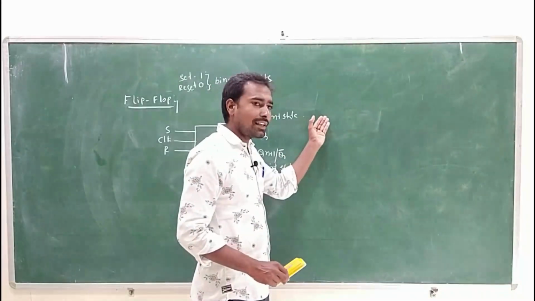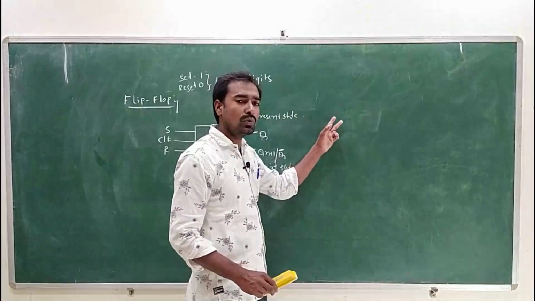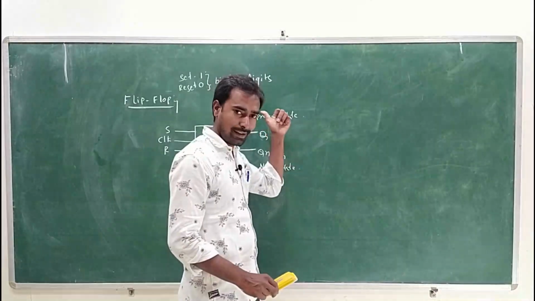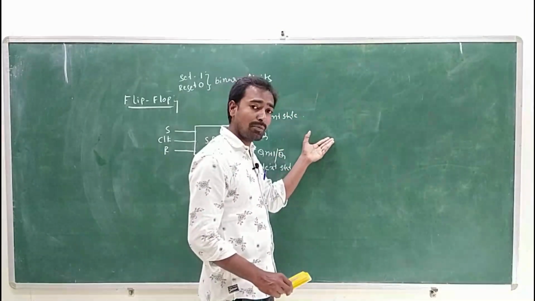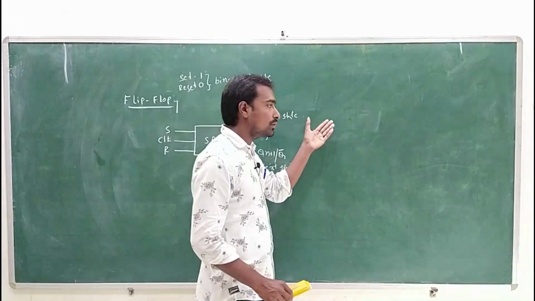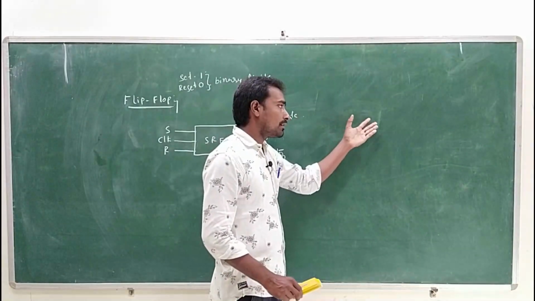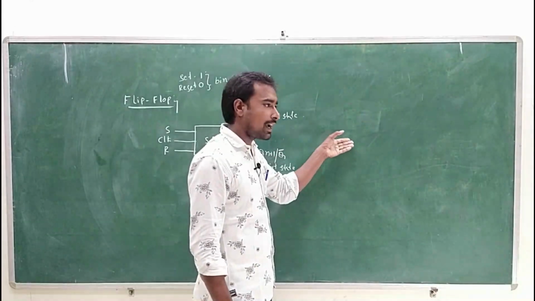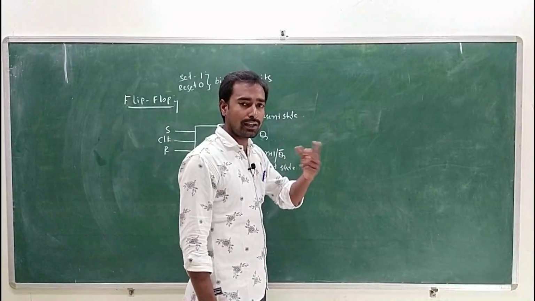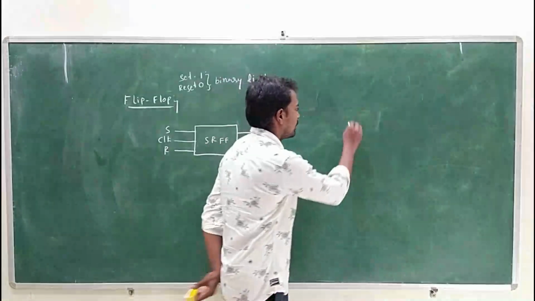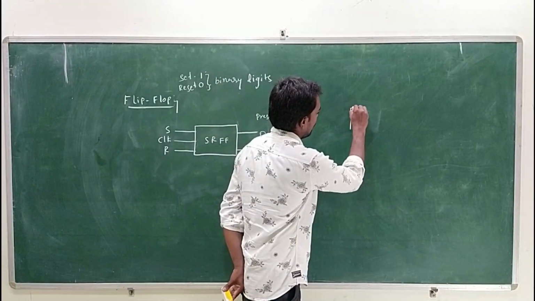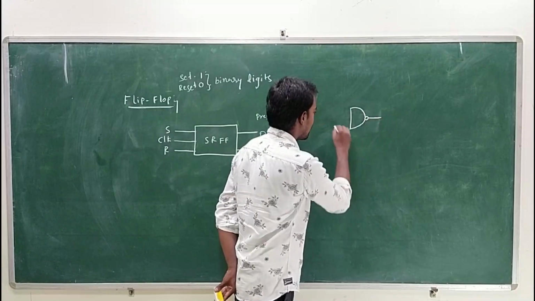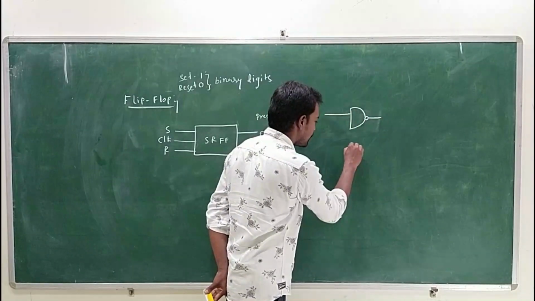Coming to the logic circuit, the cross-coupled connection of two NAND gates or two NOR gates is called a latch. In the flip-flop, we have the cross-coupled connection of two NAND gates, and again we use another two NAND gates, each a two-input NAND gate.